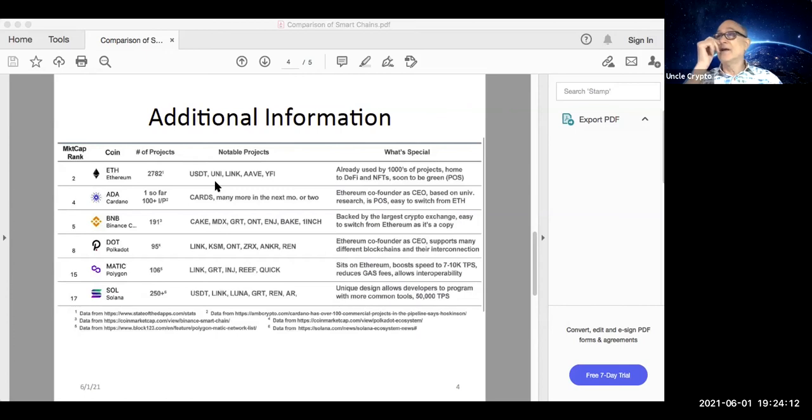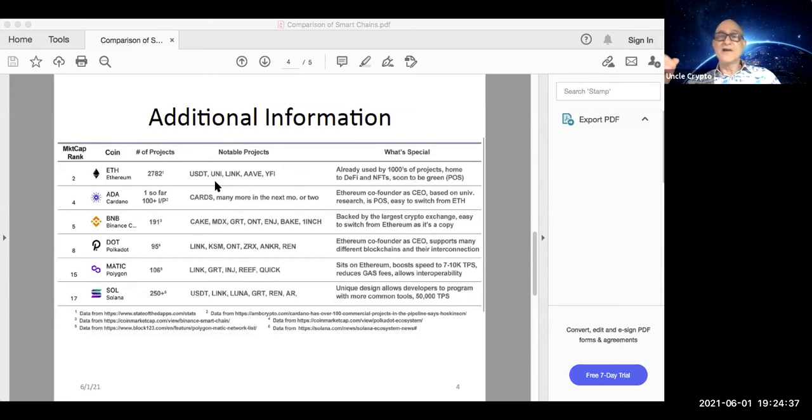Link, we talked about. Aave was one of the new originators of DeFi. And it is one of the larger DeFi coins with billions and billions locked in. I shouldn't say under management. It has money locked in to its programmable payment.